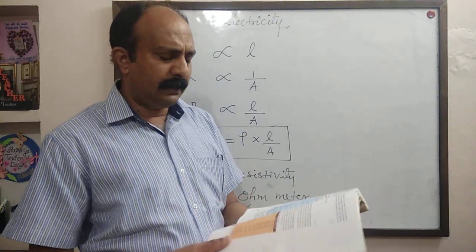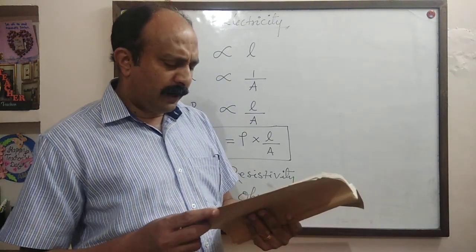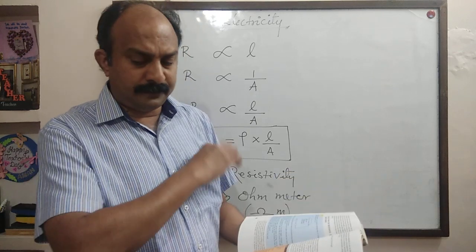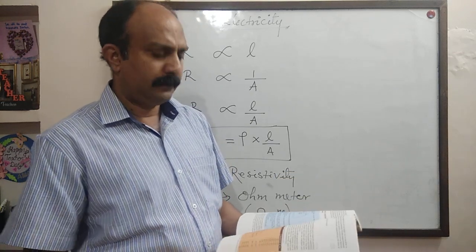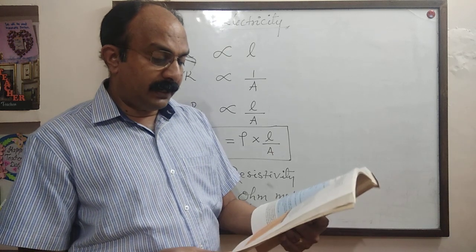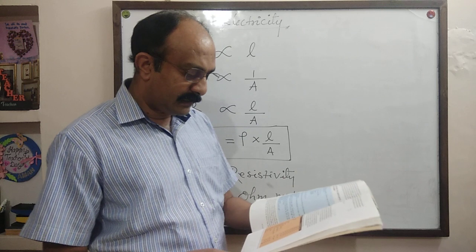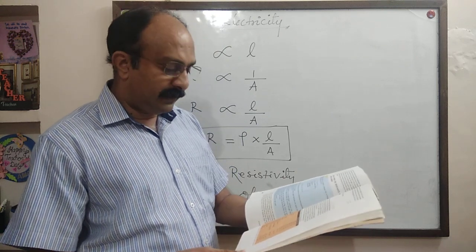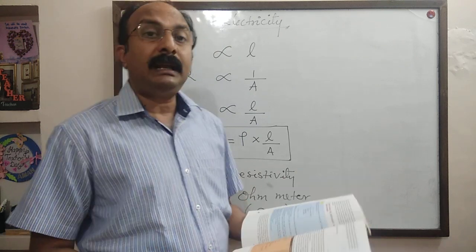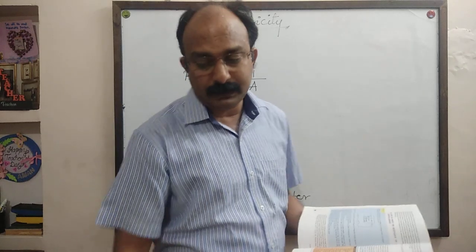The resistivity value of silver is 1.6 into 10 raised to minus 8 ohm meter, whereas the resistivity value of paper is 10 raised to 12 ohm meter.